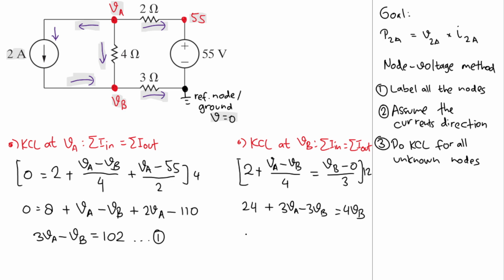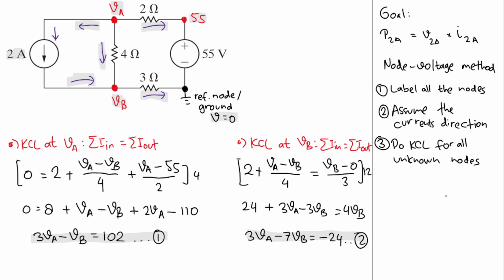And so we can simplify things here. 3 VA minus 7 VB will equal minus 24, and that is our second equation. So we have 2 equations with 2 variables. This is equation number 1, and this is equation number 2.